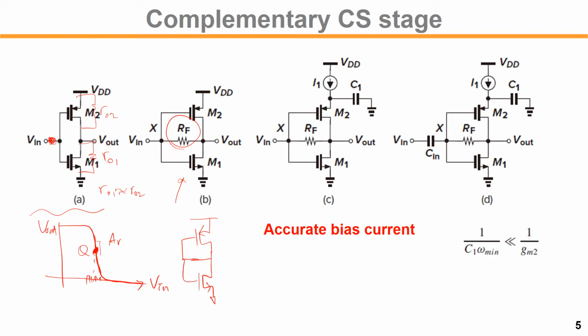At the biasing level, we can assume that there's no current flow through the RF, so no voltage drop across the RF, 0. So it can be considered like this situation.